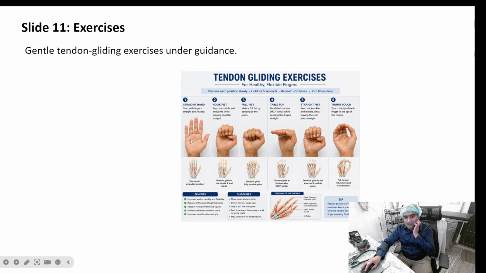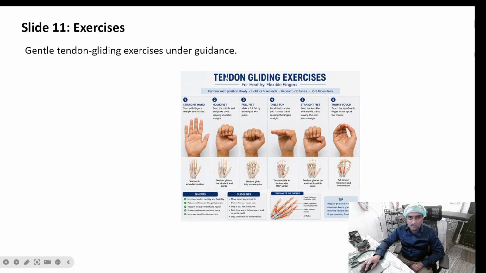So you can see the reason for these exercises: the tendons are guided from the extended position. Tendons glide at the middle and end joints, tendons glide fully into the palm, tendon glides at the knuckles, that is the MCP joint, tendon glides at the knuckles and middle joints, full tendon movement and coordination.